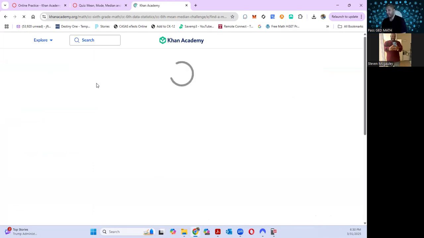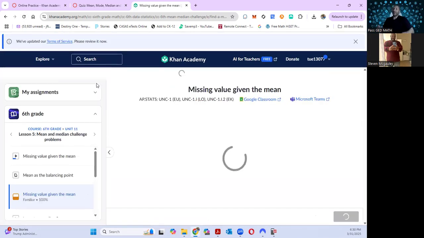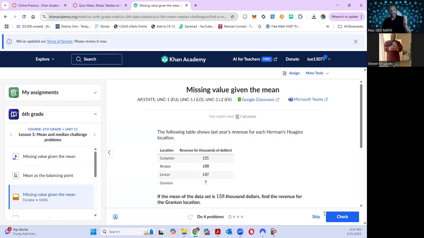We did the mean, the median, the mode, the range. What we're doing now is finding the missing value given the mean. Previously, we added the numbers up, found our total, and divided by how many there are. That's how we found our mean. If they give us the mean, we have to do the opposite. Instead of divide, we have to multiply. And the opposite of addition is subtraction. Okay, so let's do this.